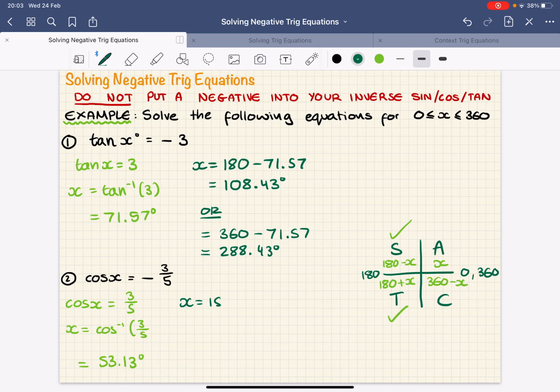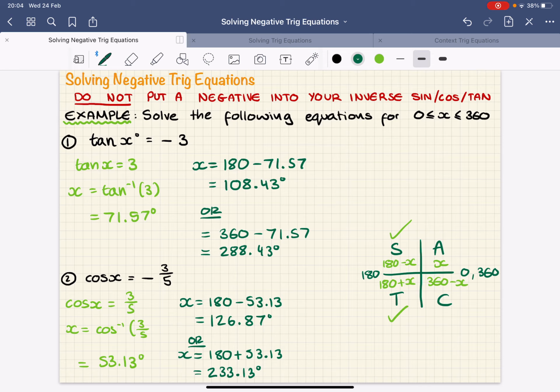So x equals 180 minus the 53.13. And so that is just going to be 126.87 degrees. And then for my other one where I add it on, x is going to equal 180 plus the 53.13 degrees. And so that'll be 233.13 degrees.